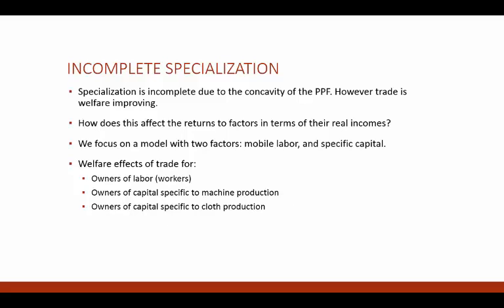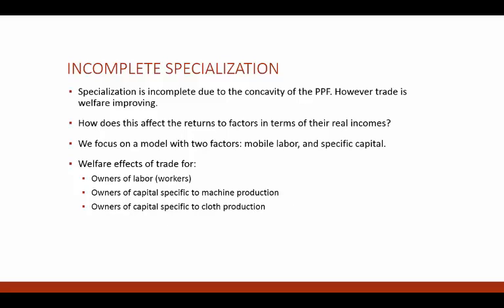Our concern with the introduction of specificity is to investigate how trade impacts upon the real returns to the factors employed. In what follows, I assume that in both countries labor is mobile and capital is specific. By saying capital is specific, I mean that the type of capital used in producing cloth cannot be used to produce machines.